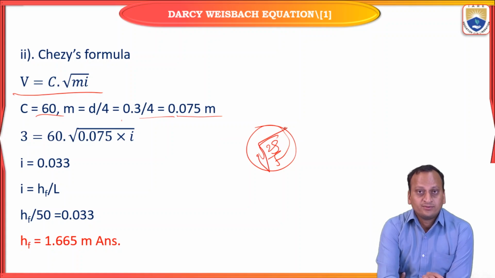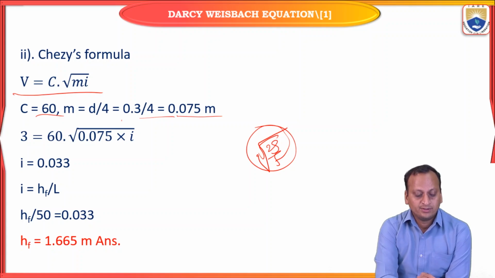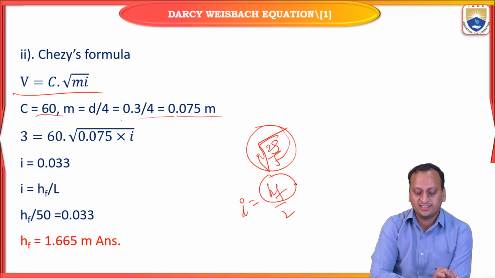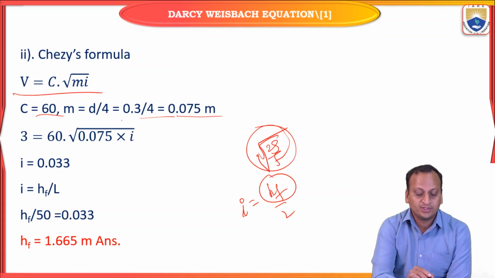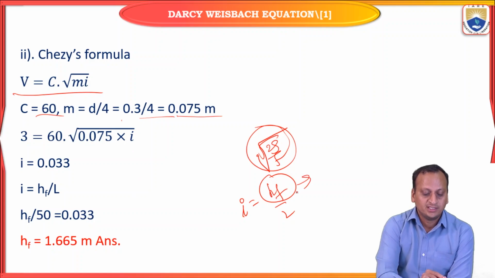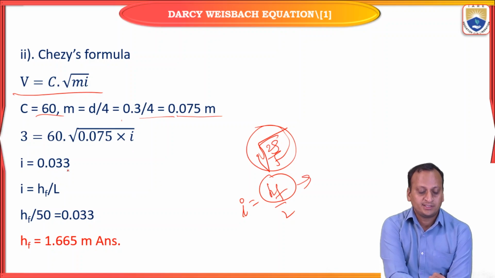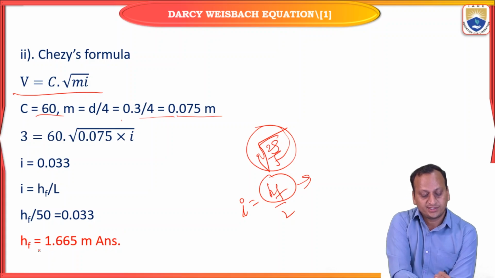Therefore, we can substitute as all the parameters are available. We know i is nothing but hf by L. From this, the loss of head due to friction can be calculated. In order to calculate it from Chezy's, we first have to calculate i. Once i is known, hf can be determined. So i equals 0.033. Since i equals hf by L, from this hf equals 1.665.